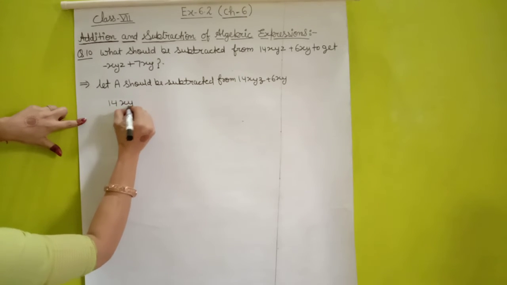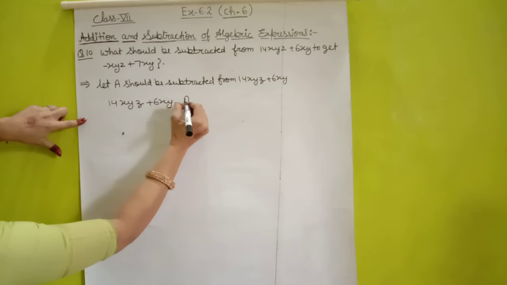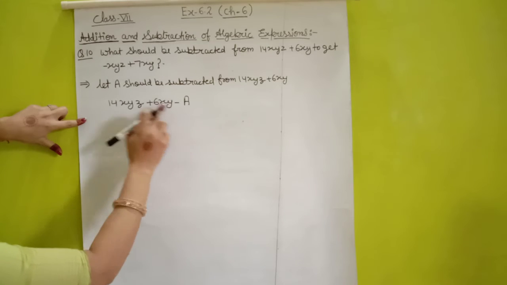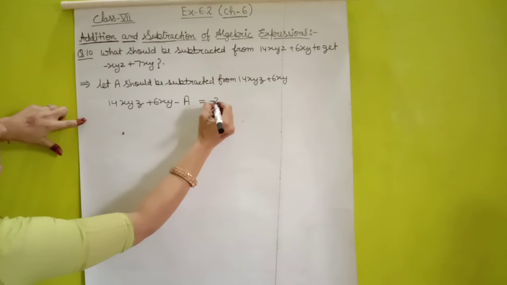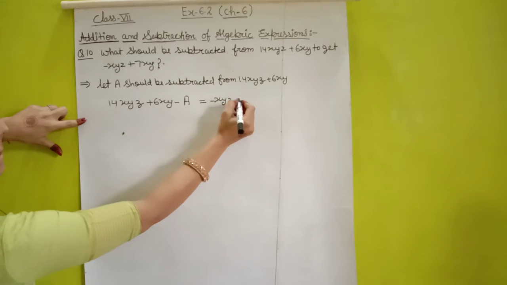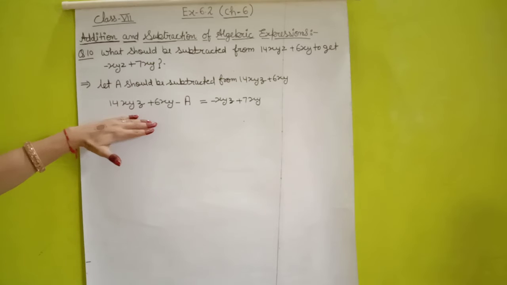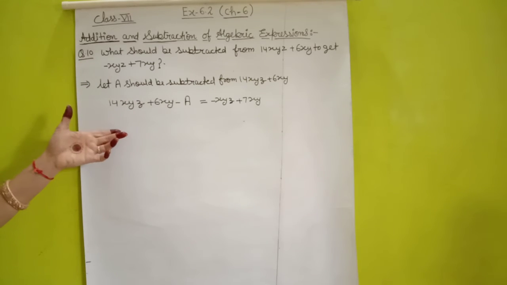Suppose we are subtracting a, then what we will get? As the answer we will get minus xyz plus 7xy. We have written this given statement as an equation.